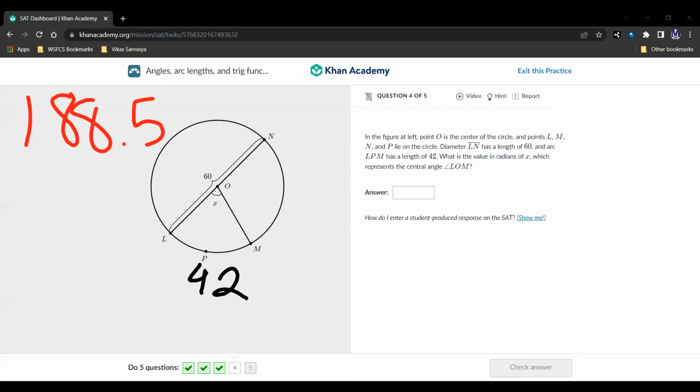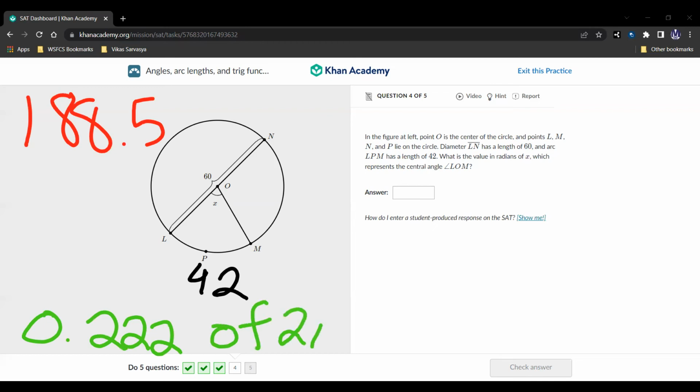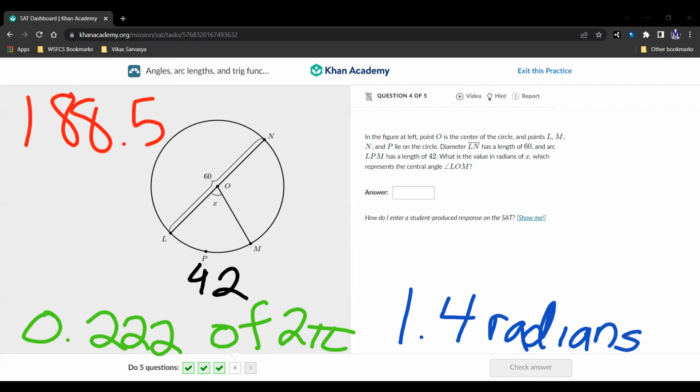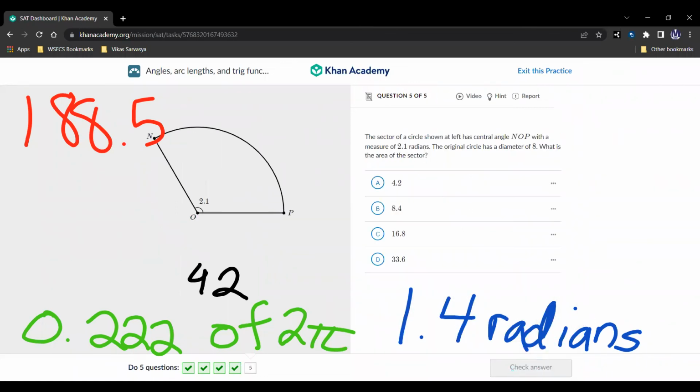Out of that, 42 over 188.5 is going to be 0.222 of the circumference, or of 2 pi radians. 0.222 of 2 pi is going to be equivalent to 1.4 radians. So that's our answer, 1.4. We can move on to the next question.